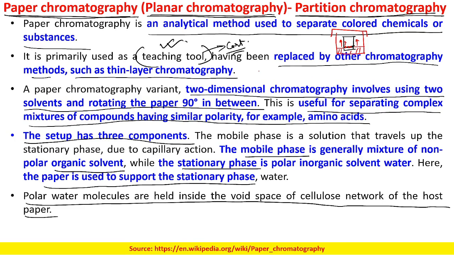herein we have also discussed two-dimensional chromatography. So what is done: say for a particular period you have run this mixture, so you have got some peaks like this. Now what you do, you rotate it by 90 degrees.